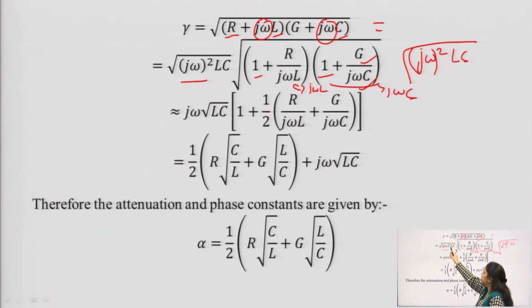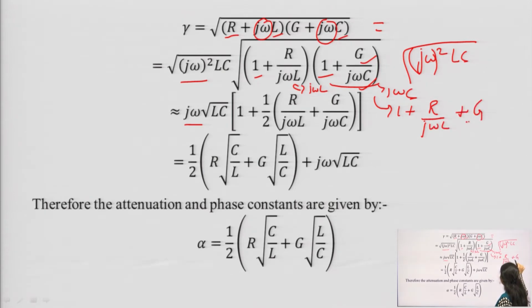Now, j omega square under root can be written as j omega under root L C, and now when we multiply, we have under root of 1 plus R upon j omega L plus G upon j omega C, and everything is to the power half.